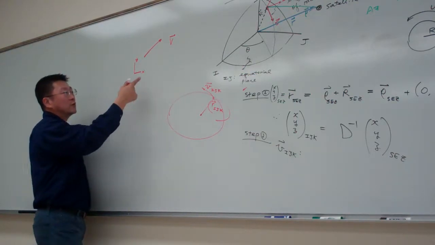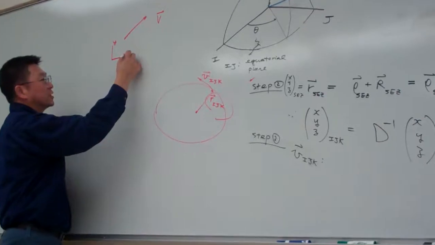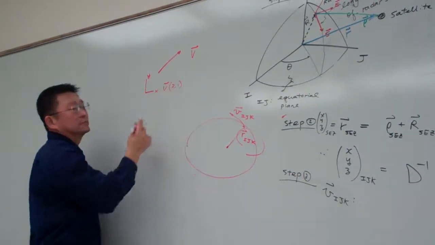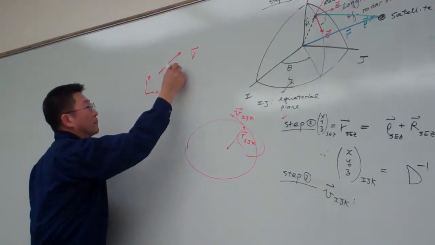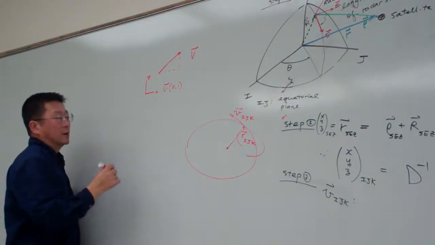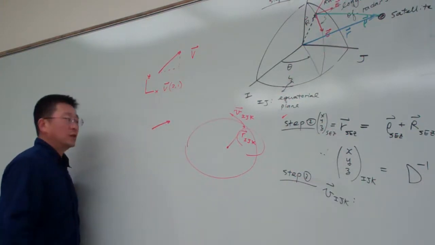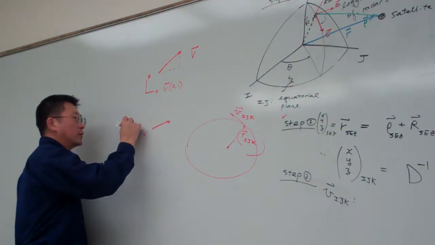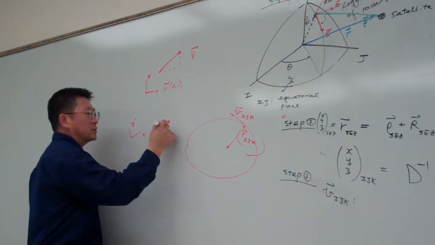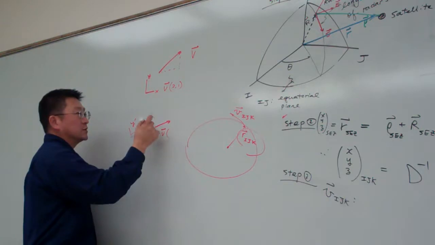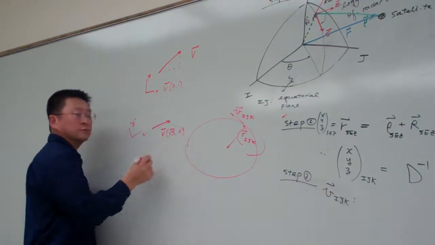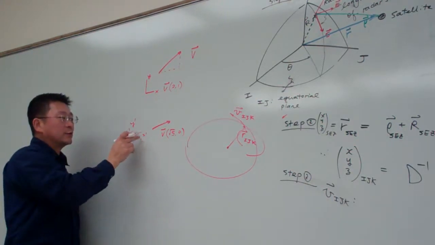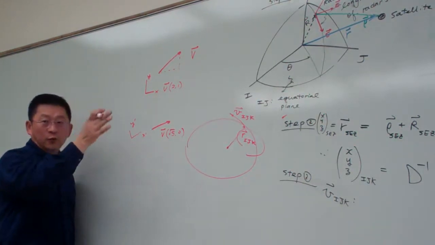In this case, V will be equal to, for example, 2, 1. The same vector, using another coordinate system, say x prime, y prime, will be equal to, say, square root of 5 and 0. So the vector is always there, and it doesn't matter which coordinate system we describe it in.